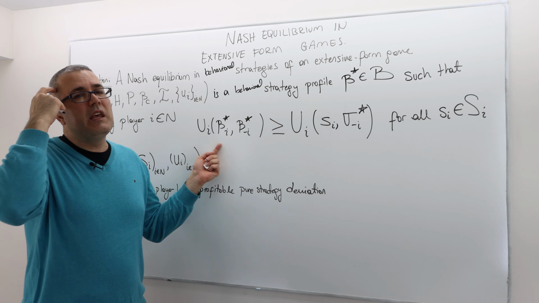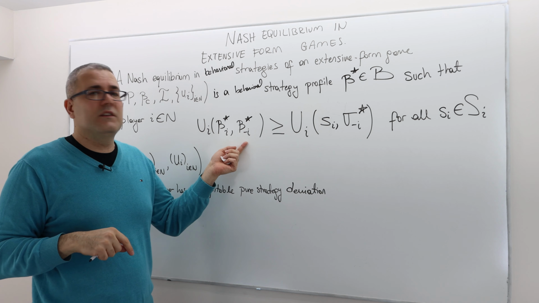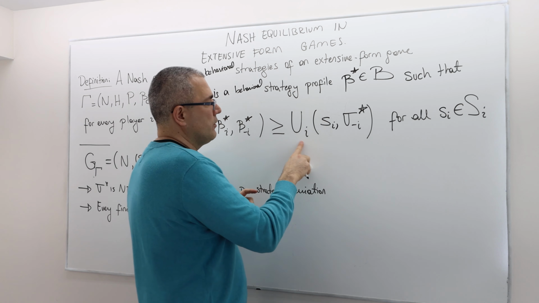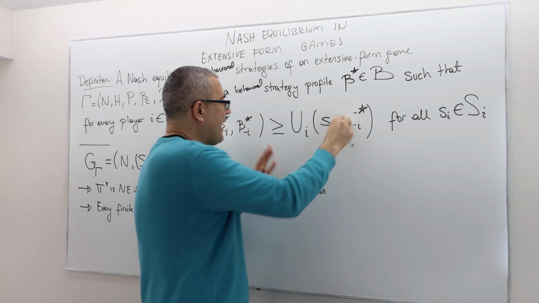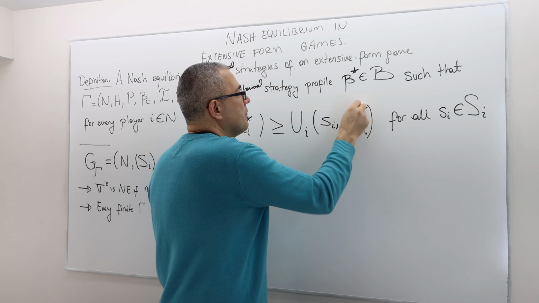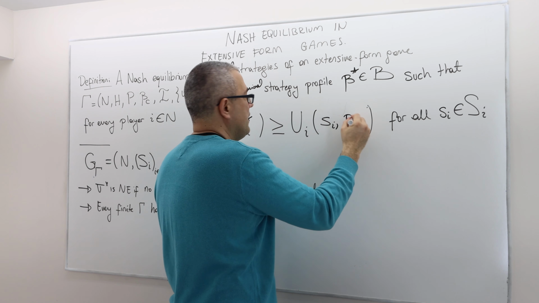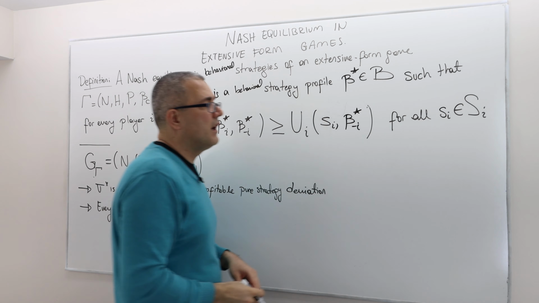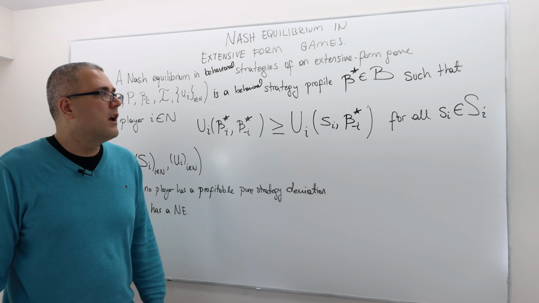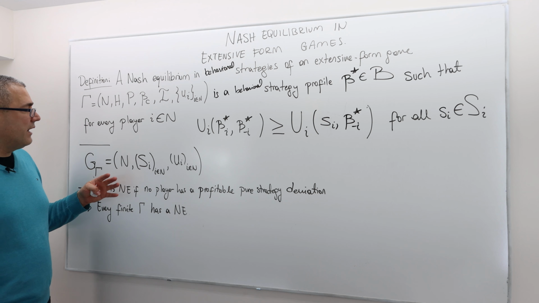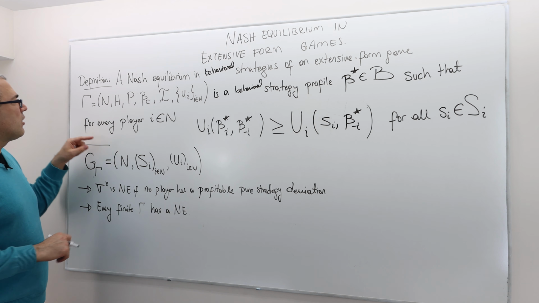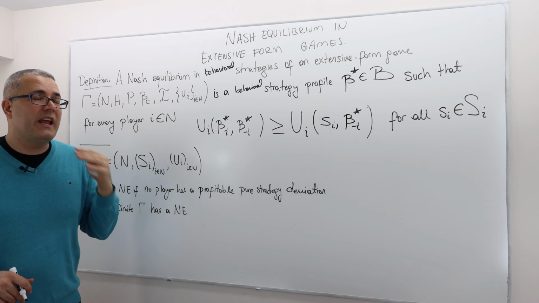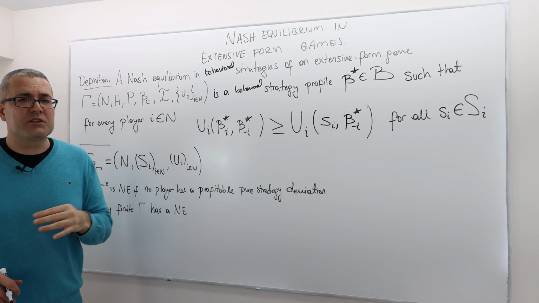This is the behavioral strategy of player i, and this is the behavioral strategy of all the other players. It is greater than or equal to the payoff of the player, as again, this is an expected payoff, given that the others are playing exactly the same strategy, for every s_i in S_i. All right, so that's it. This is how we define Nash equilibrium in behavioral strategies.